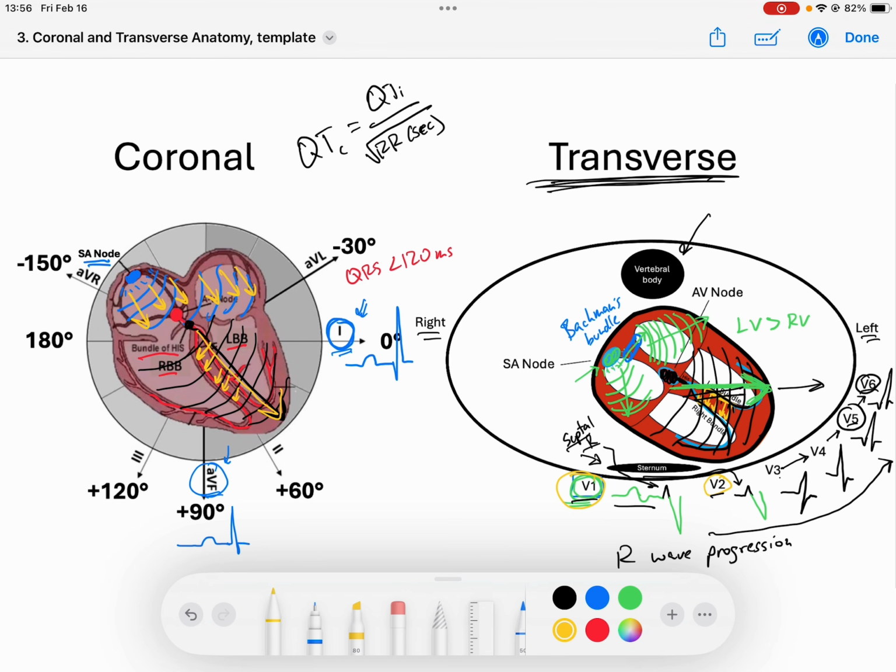If the R to R interval in seconds gets larger, that means that the amount of time between each R is longer, which means that it's a slower rate. So the slower rates are adjusted by increasing the size of our denominator, which actually decreases our correction, right? We correct it by decreasing it a little bit.